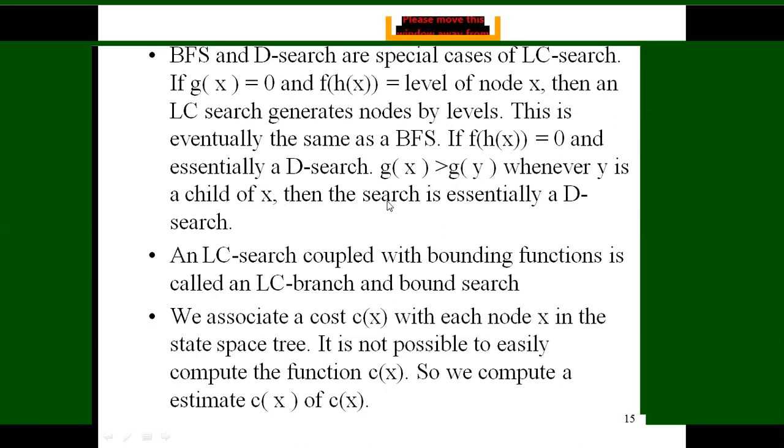So y is the child of x, x is the parent. When the estimated cost of the parent is greater than the child cost, then the search is essentially a D-search. It becomes the depth first search.